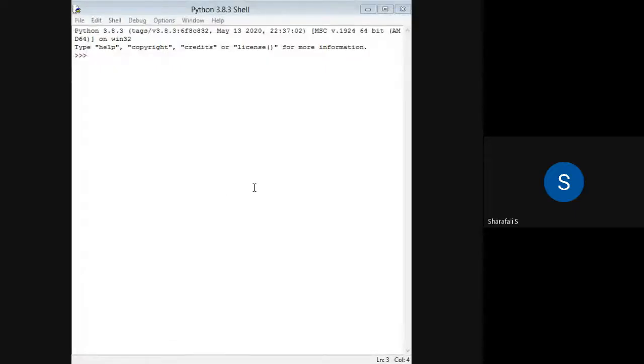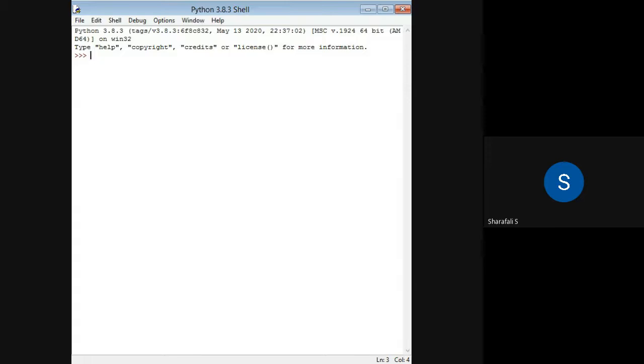I hope you can see that window, right? Now I will do these operations one by one. I am not going to discuss all of them, but some important ones, and the remaining you can work out by yourself.